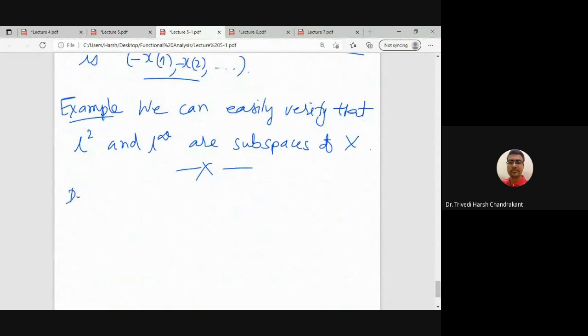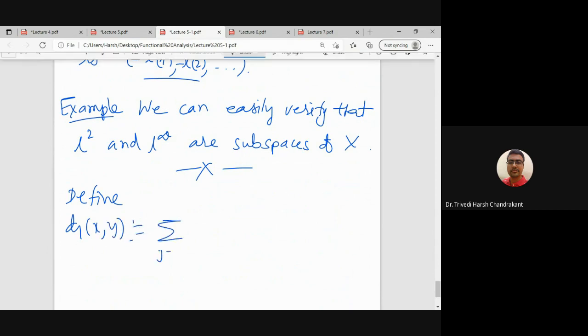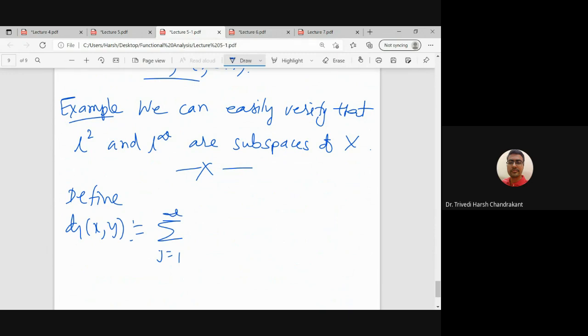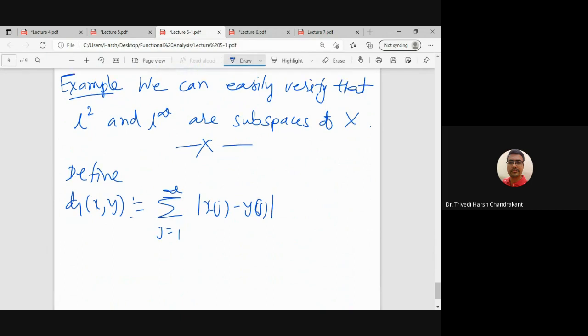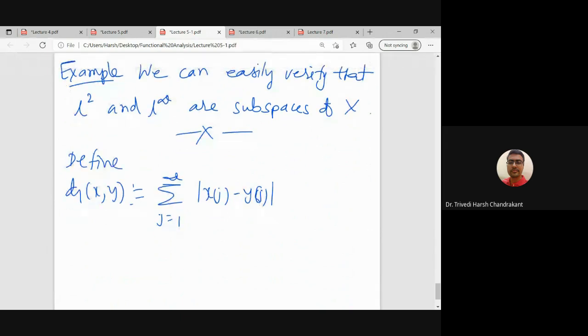So define the first function, d1 of x, y, to be the summation j equals 1 to infinity of modulus xj minus yj. This we are defining for x and y in L1.